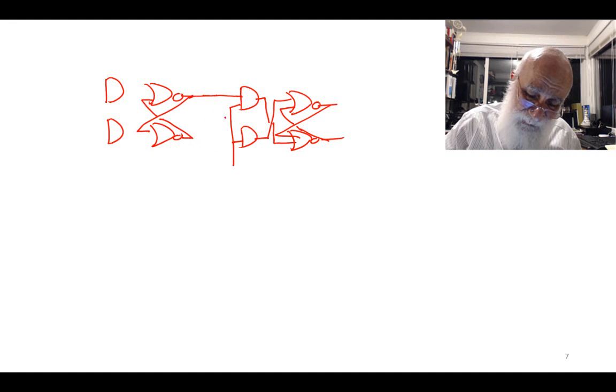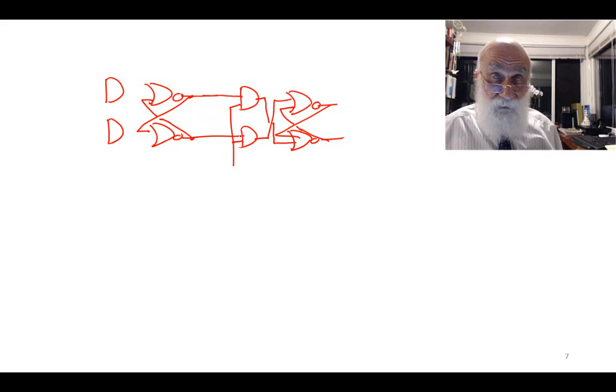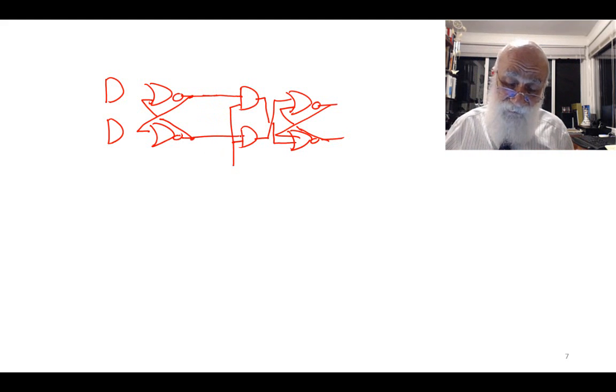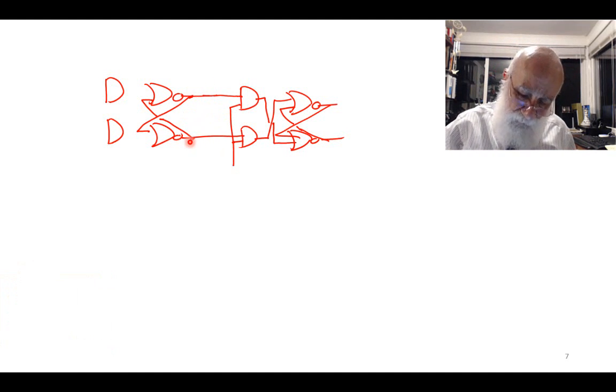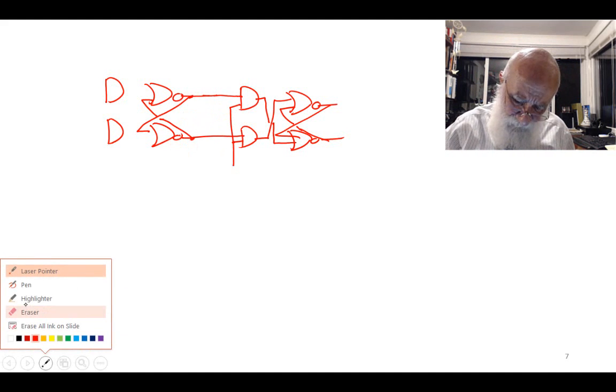So what it means is I don't really have to have an inverter going into the lower gate. Why can't I just take the other output and feed it into the input of the next one? Because these two, this one and this one, are complementary anyway, so there's no need to do the input.